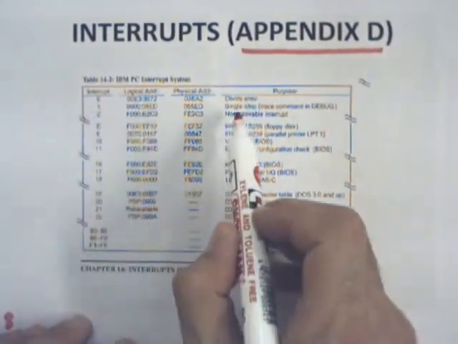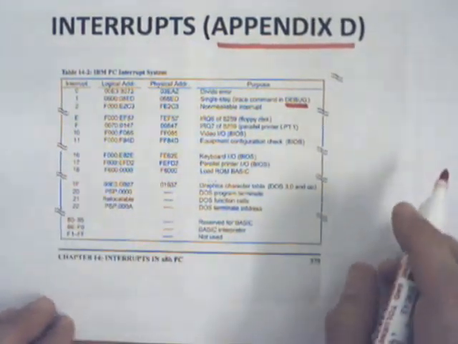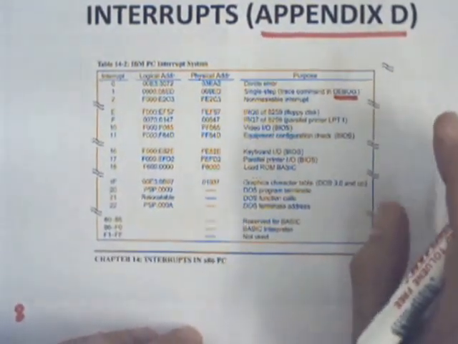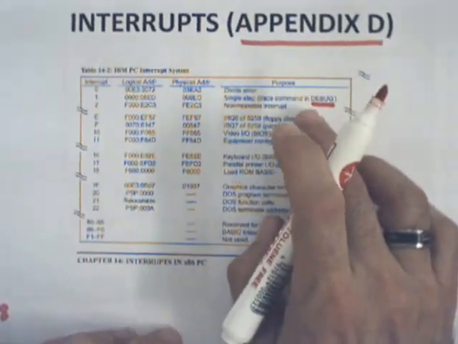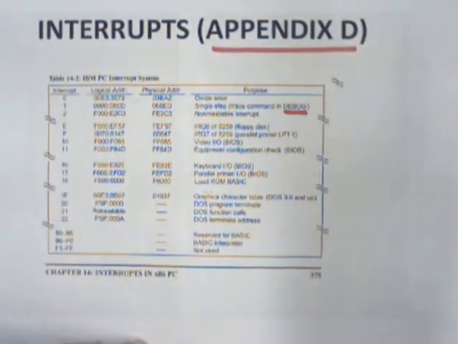Interrupt number 1 is single step, which is very frequently used in debugging. So when we use emulator 8086, if you run the program in single step mode, after every single step, interrupt 1 is created, so the program stops at that point to show some values.